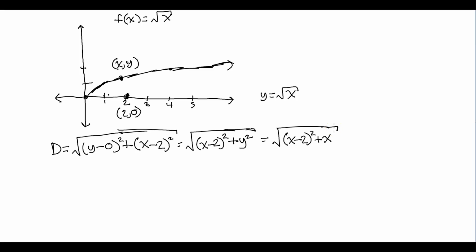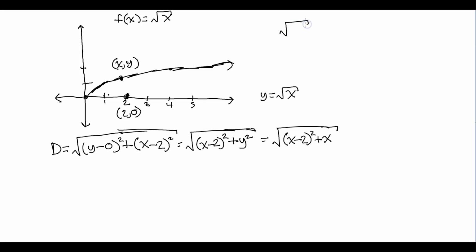Okay? Now here is where a little insight comes in. Okay? Now, the distance will be a positive value. So that means the radical we're talking about will evaluate to a positive real number. Okay? So if the distance is a positive real value, then in order to minimize this distance, we have to minimize the value inside the radical.